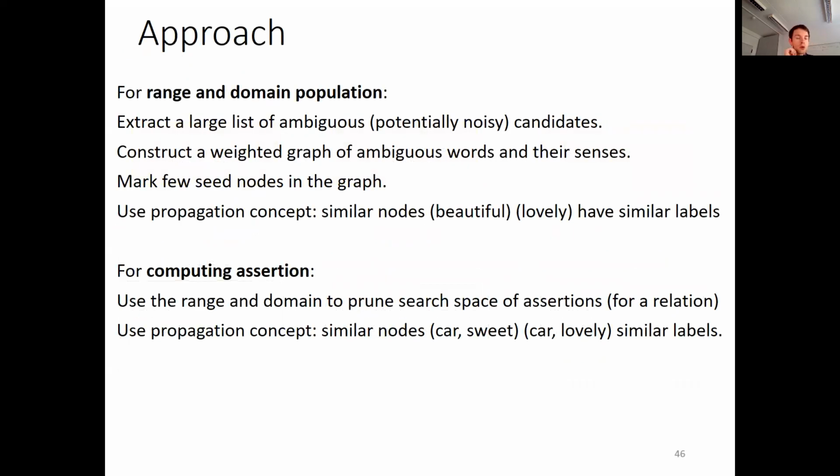And the approach for the first and the second problem, for the range and domain population, is to get a large set of potential candidates for the relation, and then construct a weighted graph of words and their senses, label a few seed nodes, and then use label propagation in the similarity graph to denote which nouns and adjectives qualify for the range and domain of a relation.